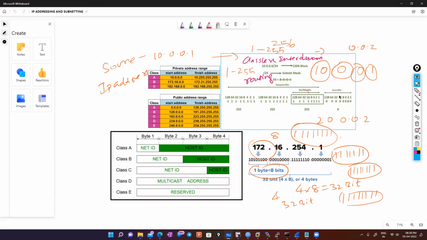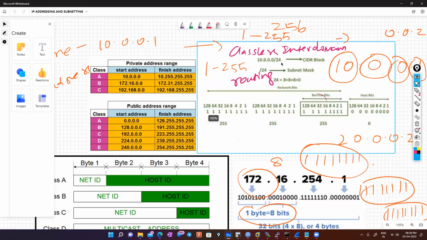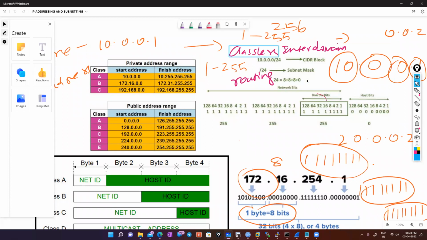So these are all host bits here. Let me zoom in. 10.0.0.0/24, and the host bits are the last 8 bits, because those are not occupied in 32-bit addressing. 24 bits are occupied for the network address, and the last 8 bits are for host bits.